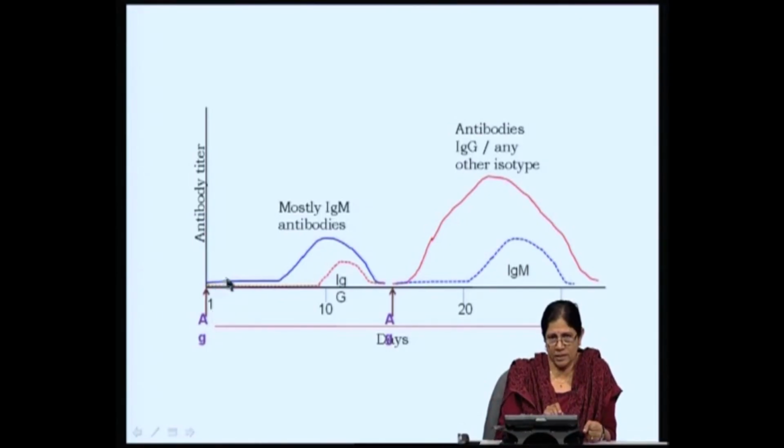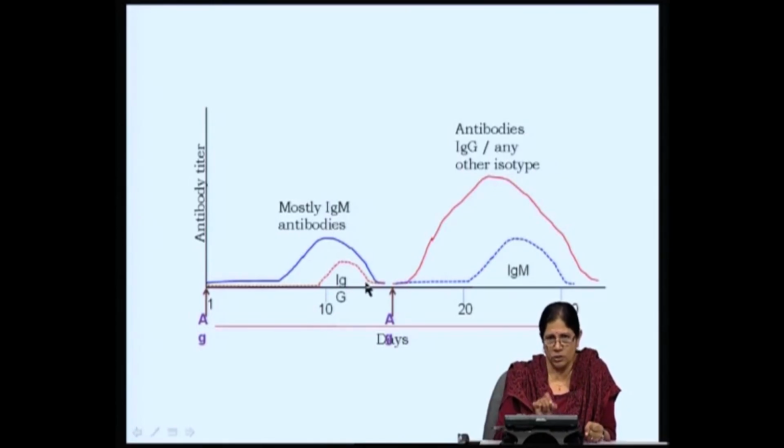Now, what one can see very clearly is that there is a lag phase of at least about 6 days, after which the circulating antibodies to the antigen start to increase, and the class of immunoglobulin that one sees in blue is mostly IgM.